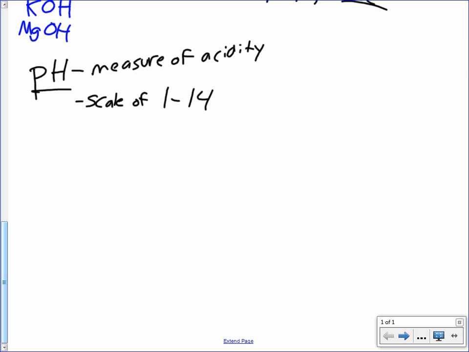Acids are below 7. Low numbers, for example 1, 2, 3, those are all acidic pHs. As you probably expect, bases are above 7.